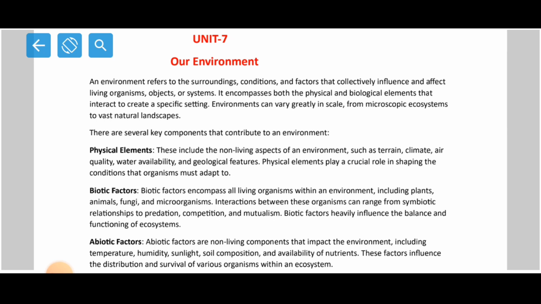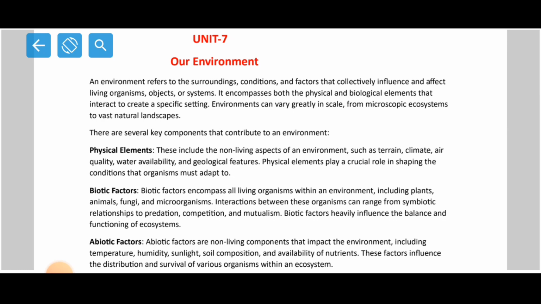Physical elements play a crucial role in shaping the conditions that organisms must adapt to. Physical elements include all the physical factors like the terrains, the climates, the air, the water, the soil, the land, the mountains. All this comes under physical elements.